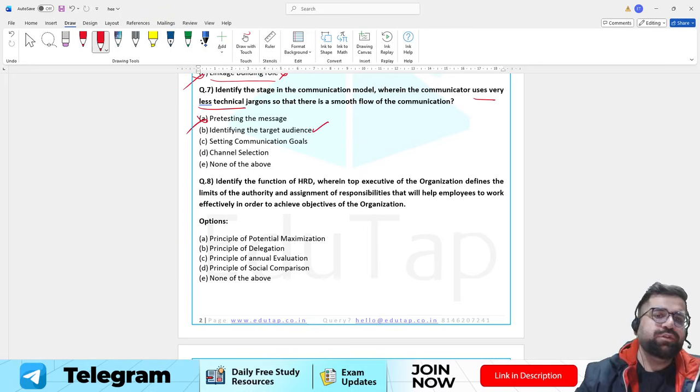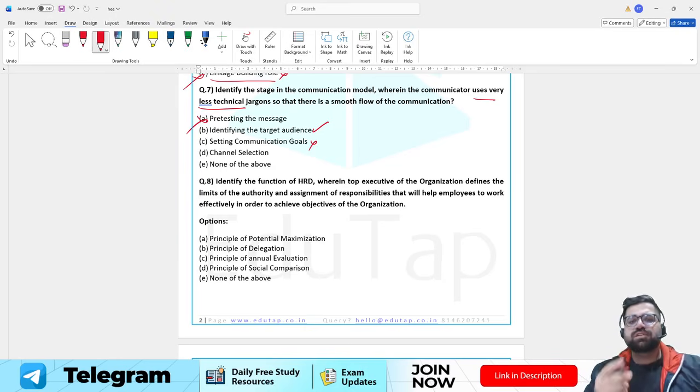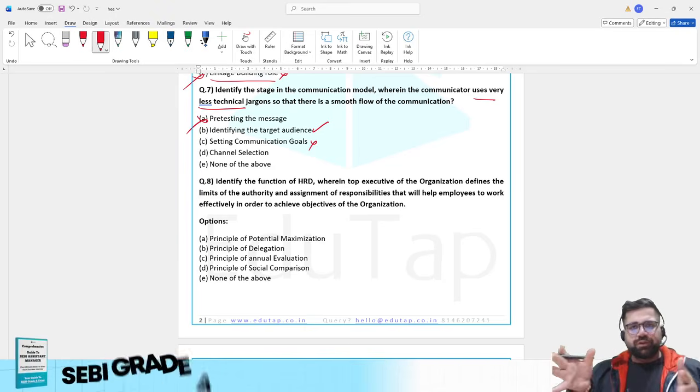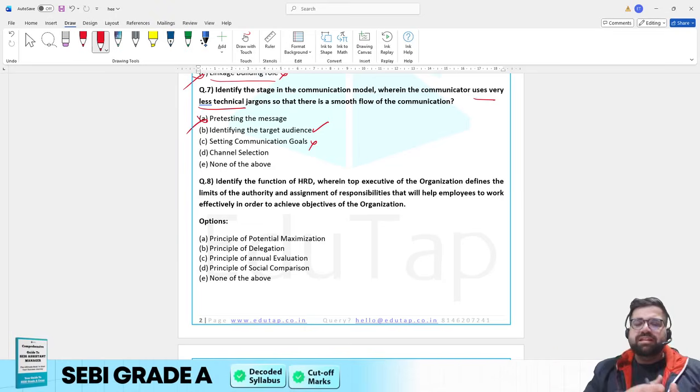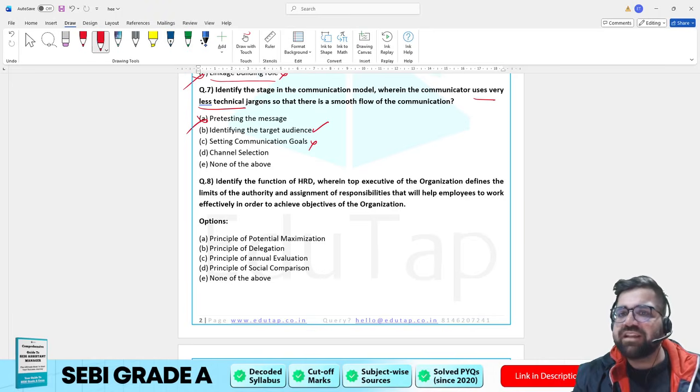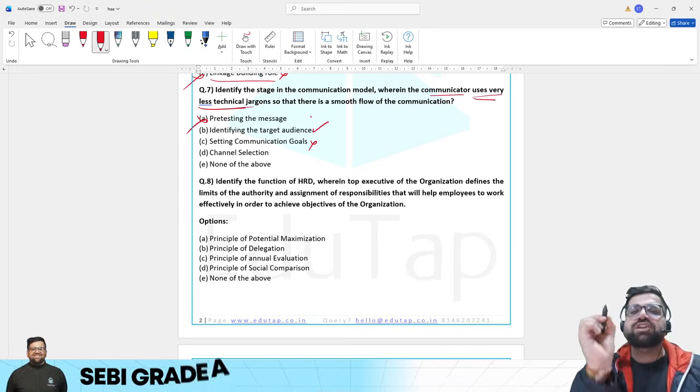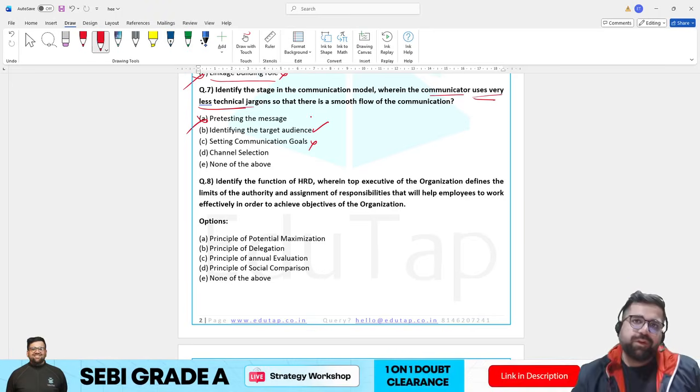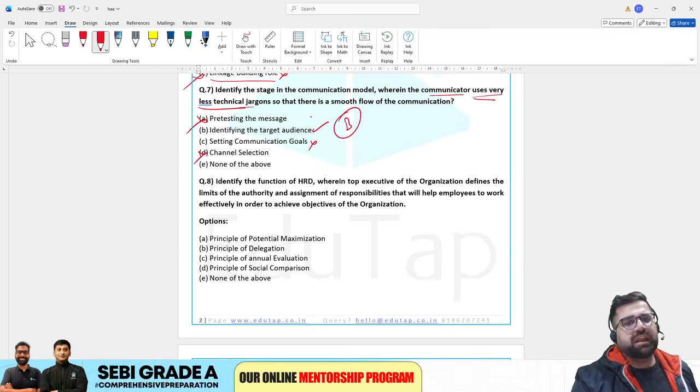Setting communication goals, no, it never makes any sense, because goals are set before, then you are into the process of communication. In this particular question you have already started the communication, wherein the communicator uses very less technical jargons. It basically means that the communicator has started the process and he is in between. Channel selection also no, so my answer will be option number B again.